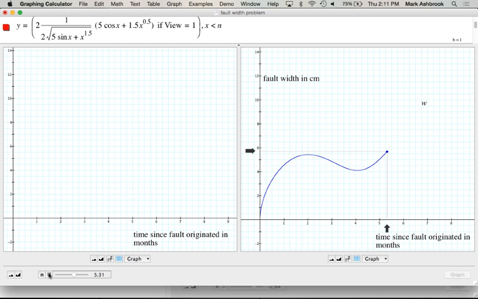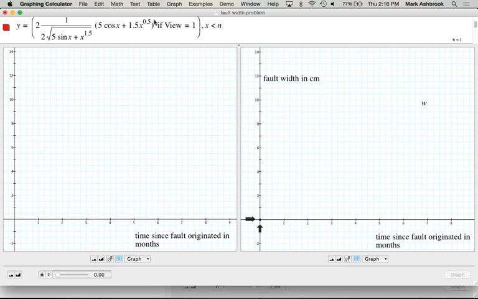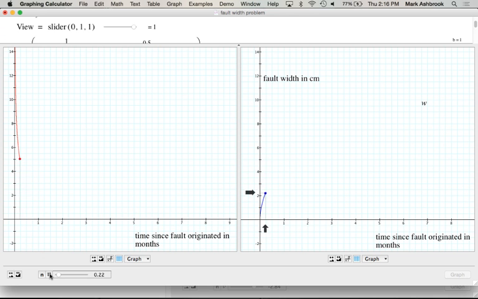So given this accumulation graph, can you just sketch roughly, not with any computation, but can you sketch roughly what the rate of change graph would look like? Go. Here's what it actually is.